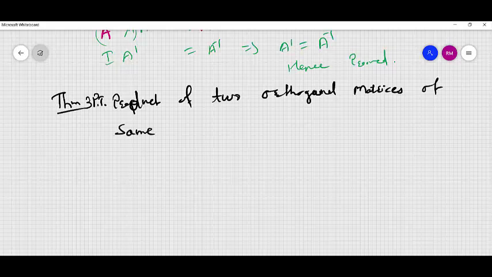Same order is important, then and then matrix multiplication is valid. Is orthogonal. So proof.